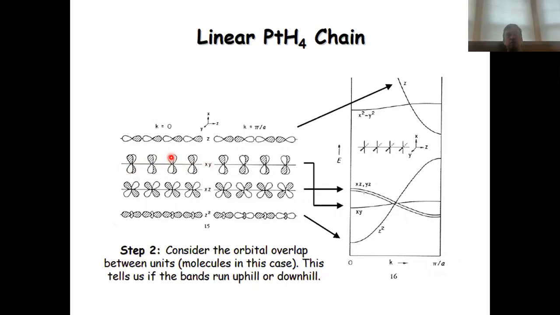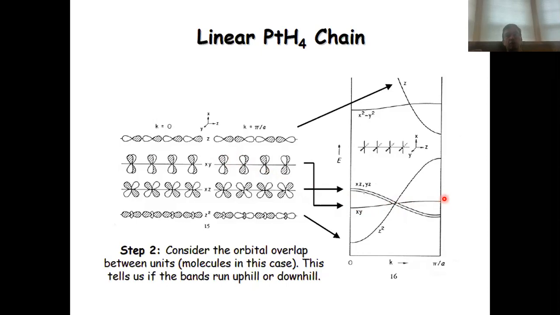So in this case, the band runs uphill again, just because when we do not alternate the algebraic signs of the wave function at k equal to 0, the bonding interactions are being maximized. And when we alternate the wave function with every other d orbital, we maximize the interbonding interactions. But now our band is extremely narrow. Okay? Because of the weak orbital overlap.